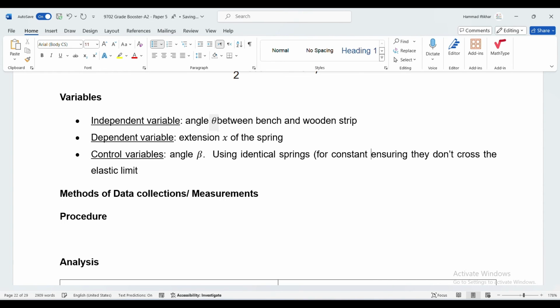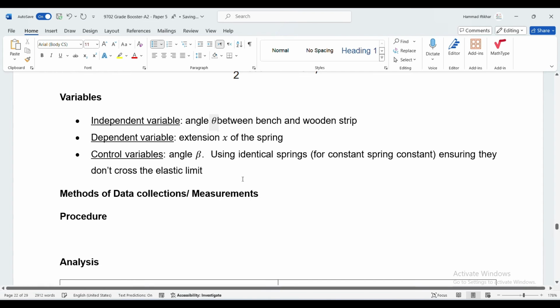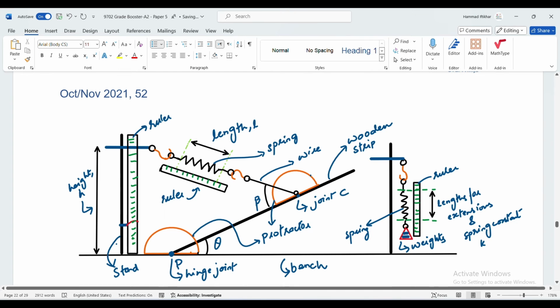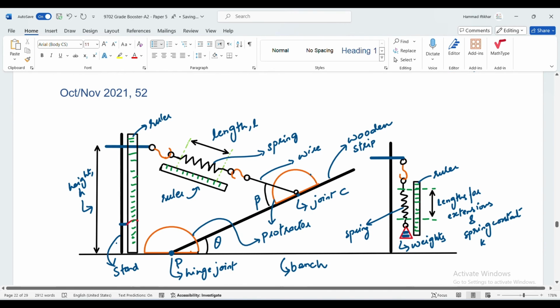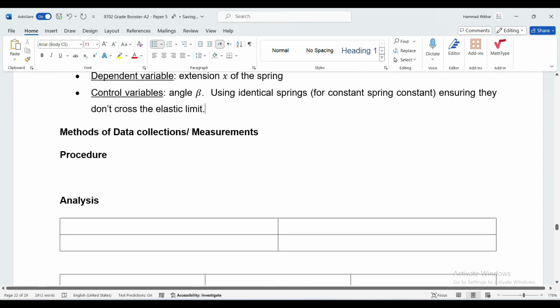What else can we keep controlled? That's about it. Now the procedure.